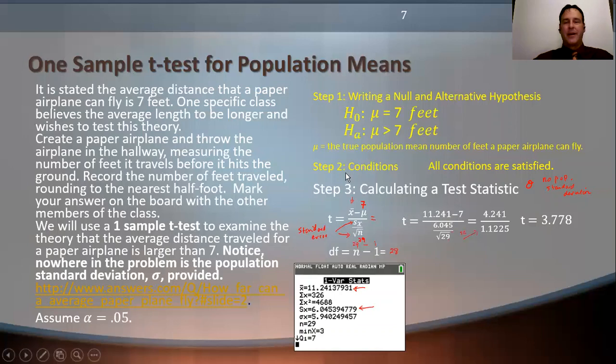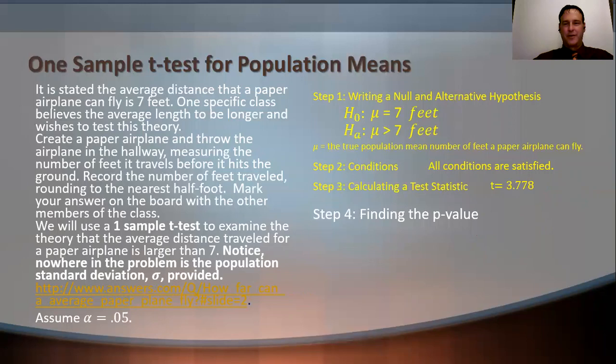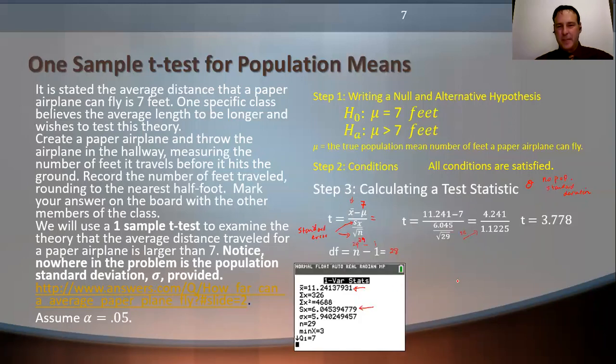Okay, all right. Now let me see if I have another picture here. We'll have to find the p-value. We'll do that in a second. I'm going to draw a normal curve here and give you some perspective in terms of what we're going to find. Your population average is said to be 7. Your standard deviation is this right here. It's basically not standard deviation, it's your standard error, 1.1225.